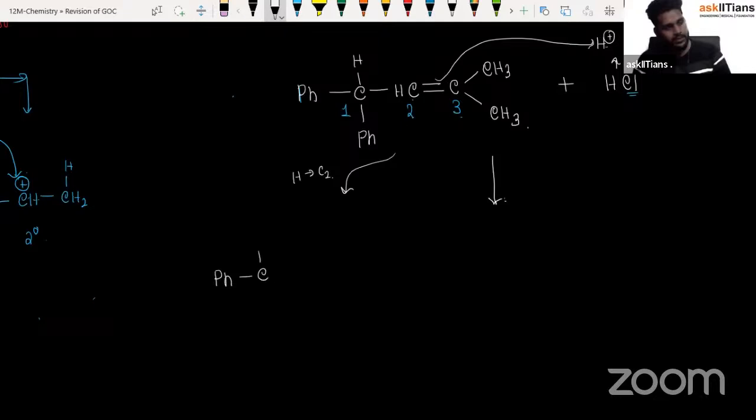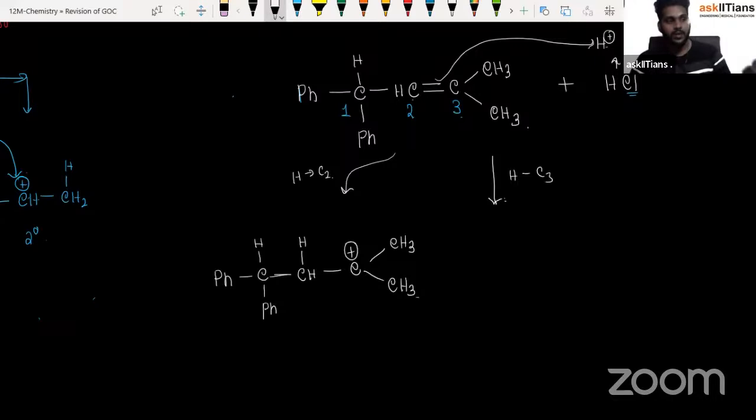Then we have hydrogen coming to carbon number 2, so there is hydrogen in there, and the carbocation would form on carbon number 3. This is what we have. And if the hydrogen comes to carbon number 3, these are the only two possibilities, right? Either the hydrogen can come to carbon number 2 or carbon number 3. If it goes to carbon number 3, then what is the structure that we can have?